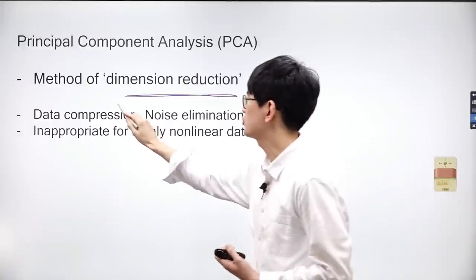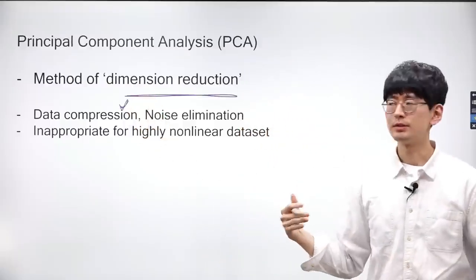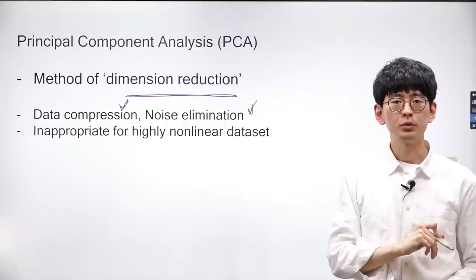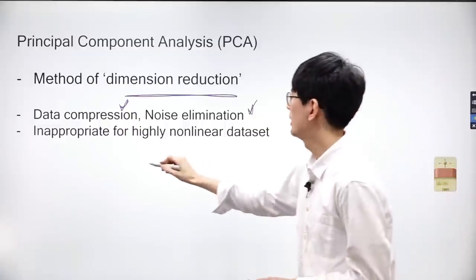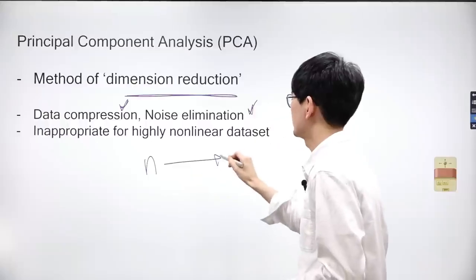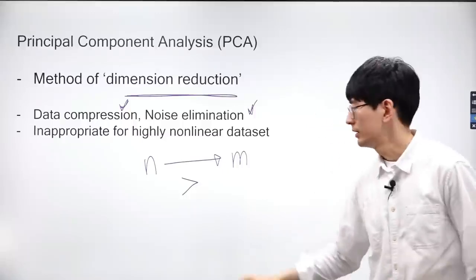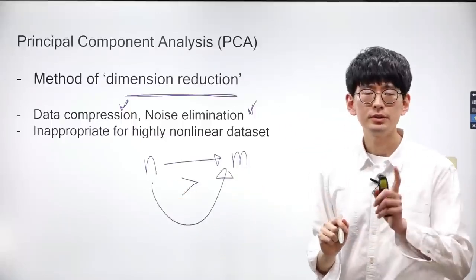First, we compress high-dimensional data to lower dimensions. Additionally, by reducing the dimensionality of the data, we eliminate noise within it. In a sense, we reduce the data dimensions from n to m, where m is less than n, through dimension reduction. However, we cannot randomly eliminate any dimension in the data.